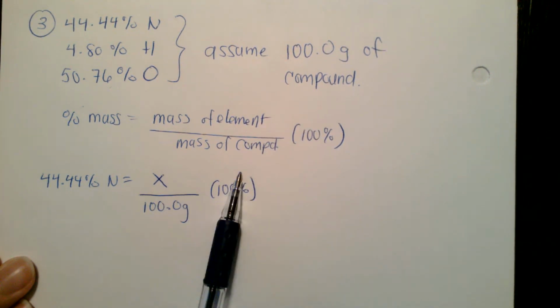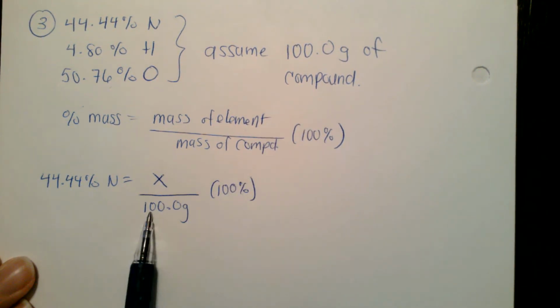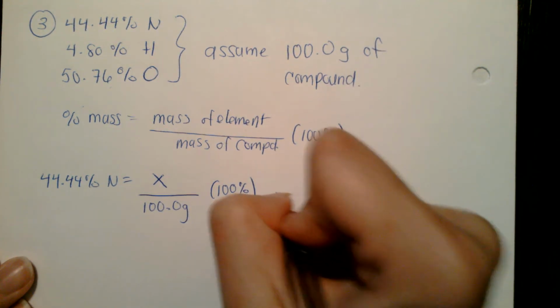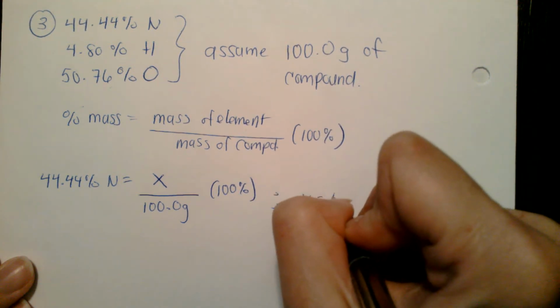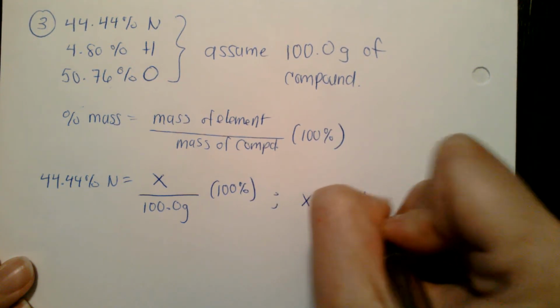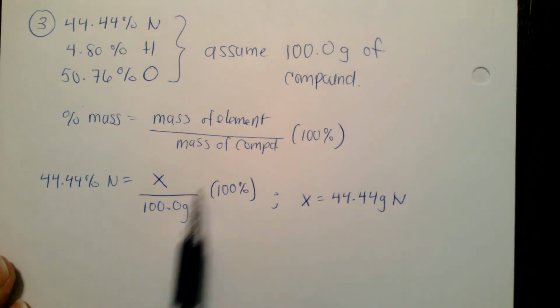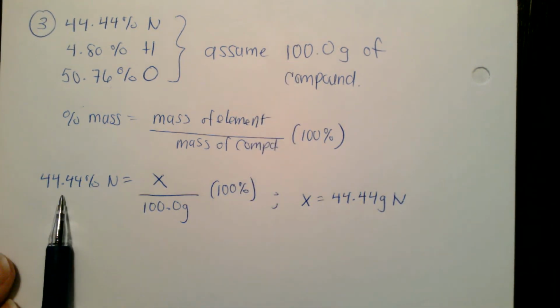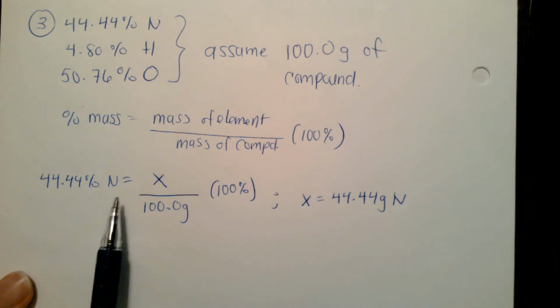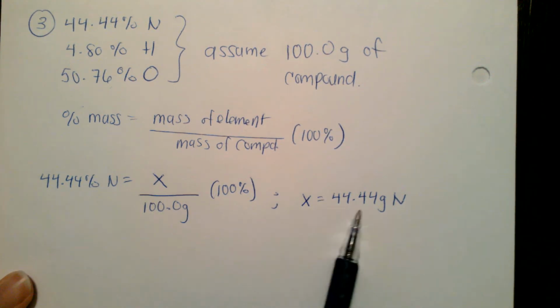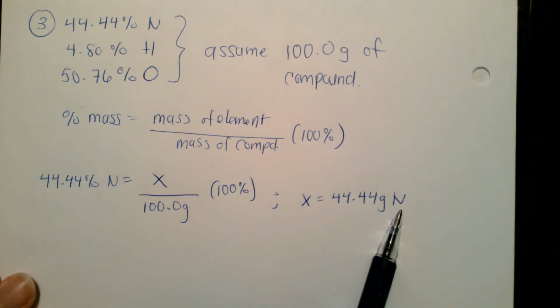So 100 divided by 100 gives us X in terms of grams. So X is equal to 44.44 grams of nitrogen. When you assume that you have 100 grams of the compound, all your percents turn into the mass of the elements in grams.